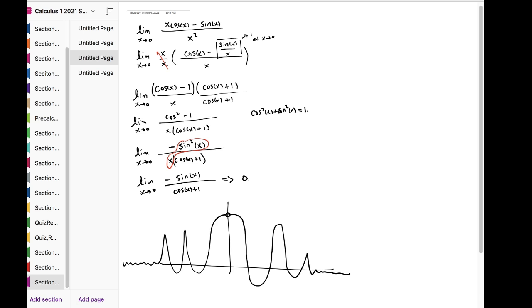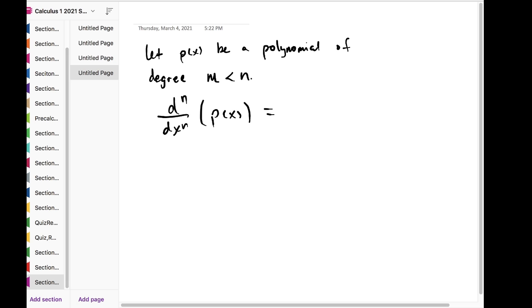Okay, so let's do some more. I have one here. Let's say you have a polynomial, and the degree is m that's less than n, a number. Can someone remind me what is the degree of a polynomial? What do I mean when I say the degree of the polynomial is m?